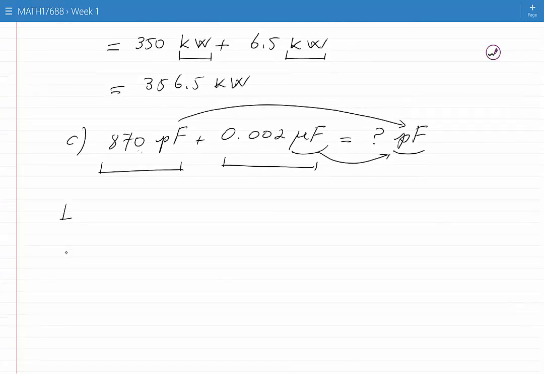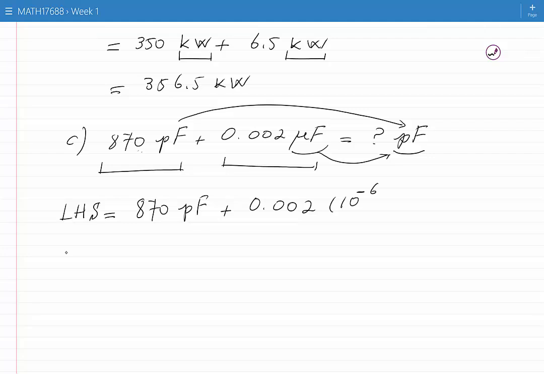So the left-hand side of this expression is equal to 870 picofarads plus 0.002. Instead of micro, I will write 10 to the power of minus 6 farads. We note that 1 pico is 10 to the power of minus 12. Therefore, that's what we will do.